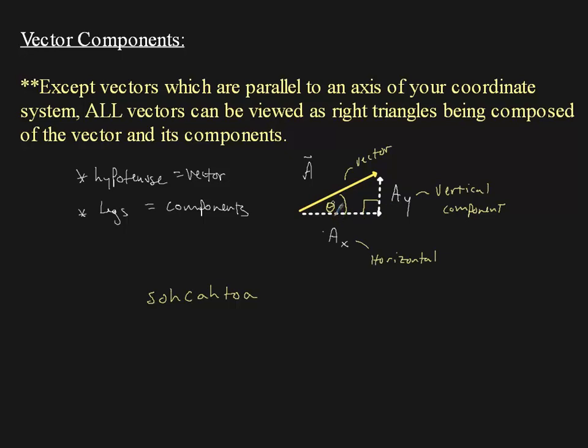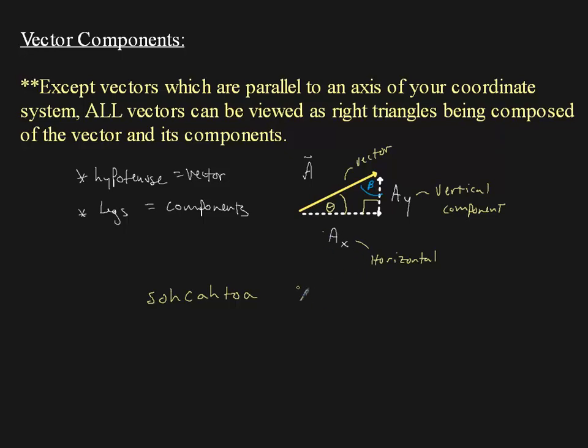If I use this theta here, then this side is opposite and this side is adjacent. If, on the other hand, you were given this angle, and we'll call that one beta, now this side, AX, is opposite of this angle, and AY is adjacent to the angle. So we have to be very careful, and pay attention to which angle is being referenced.